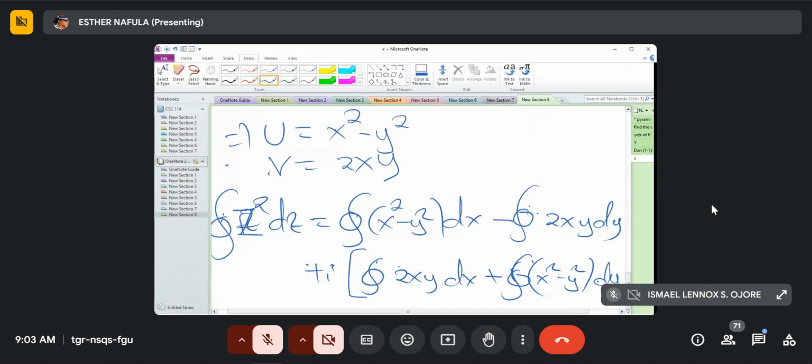So this is what we'll have to work with, but first things first, we do not have the limits of integration. That's one of the problems. We need to know the limits of integration.